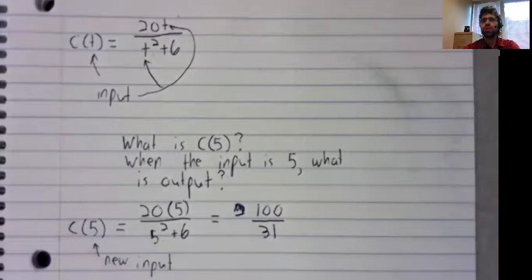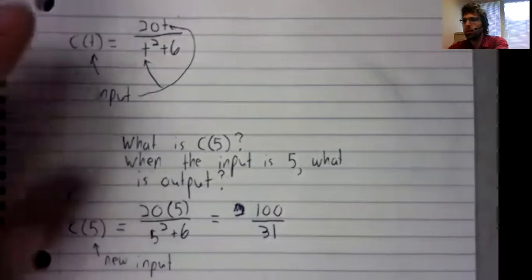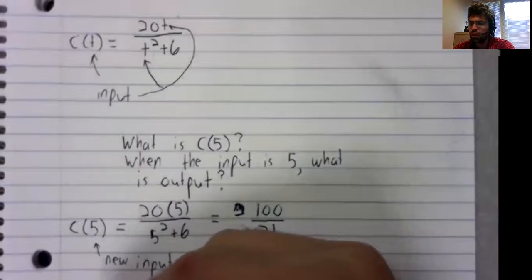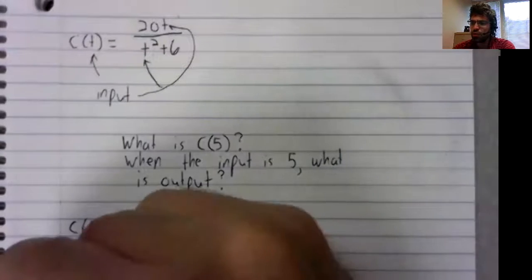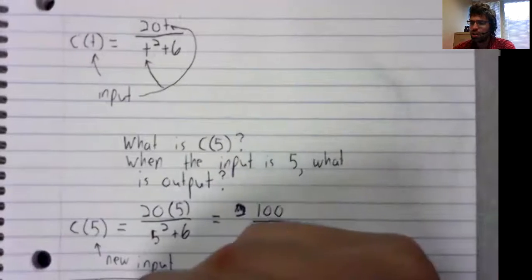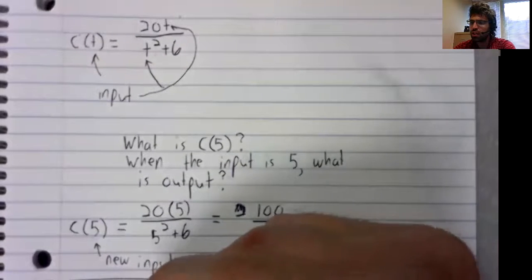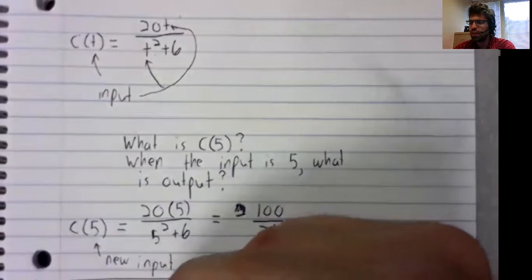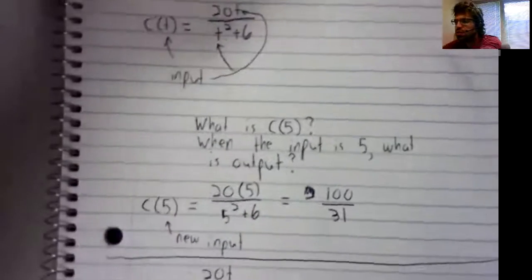We can do this with things that are more complicated than numbers. So I'm about to move my document camera. Let me copy this down here so that I'll still be able to see it.